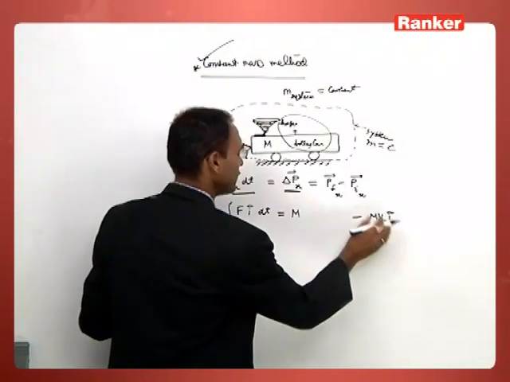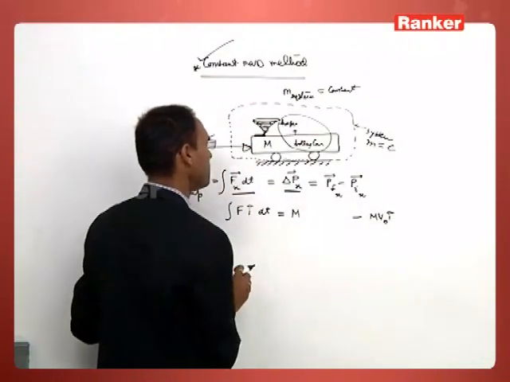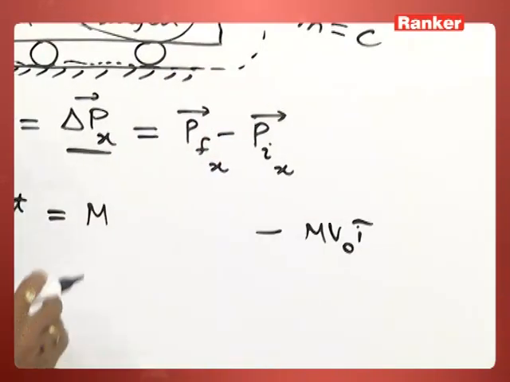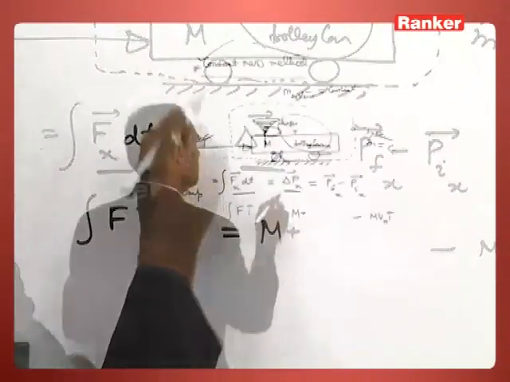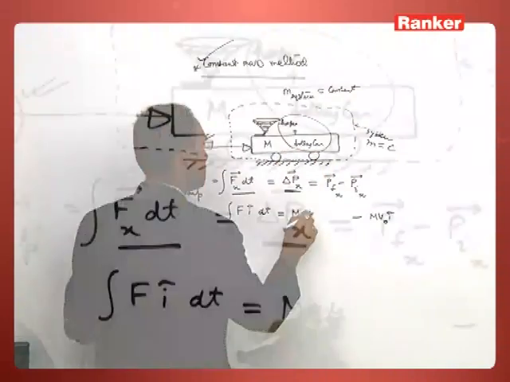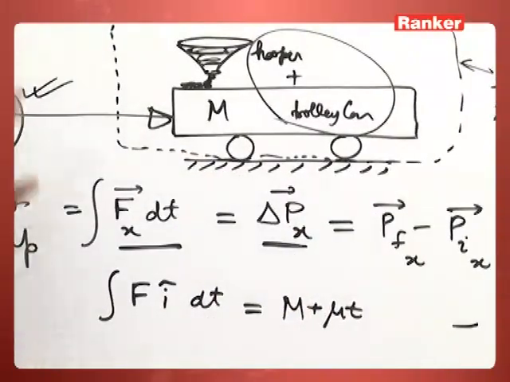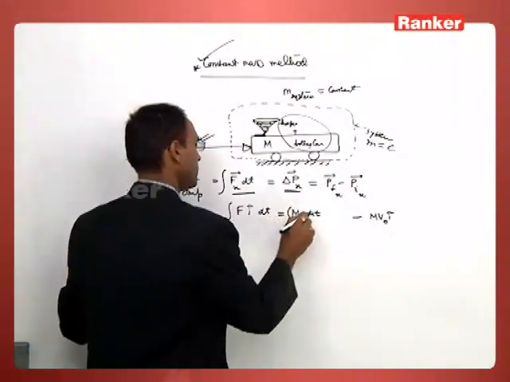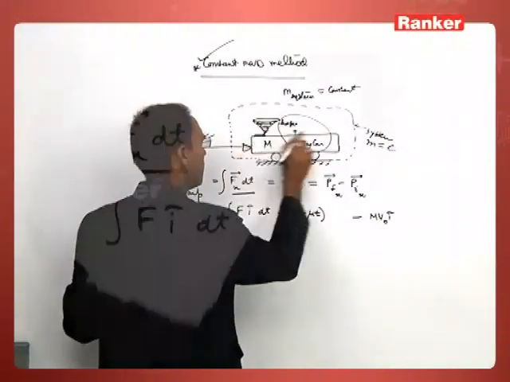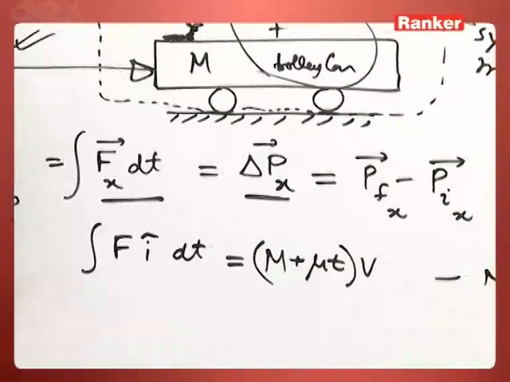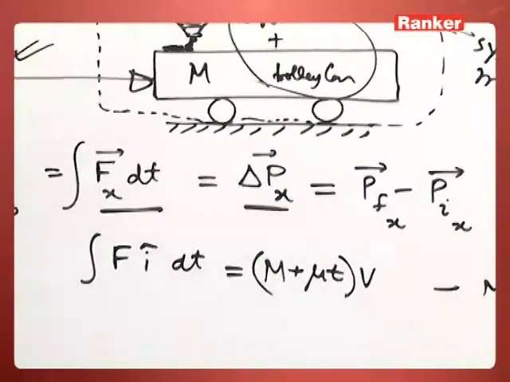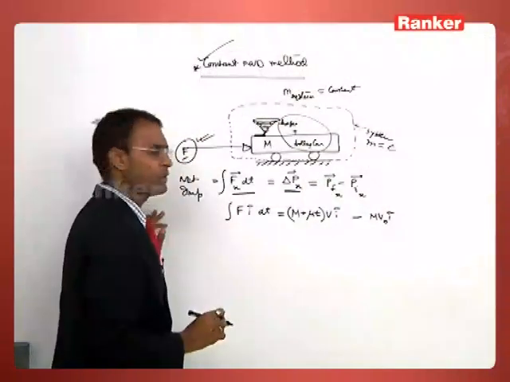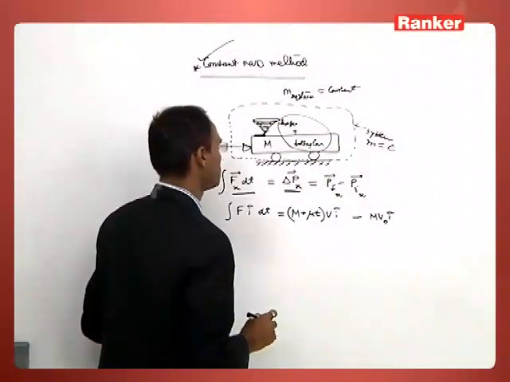This is the initial momentum. The final momentum of the trolley car along positive x direction will be equal to its initial mass plus the mass of the sand gathered onto the trolley car into its velocity, let be v, after time t. Finally, along which direction? Positive x direction.